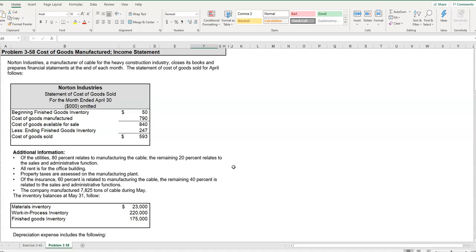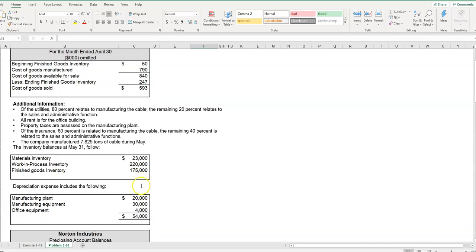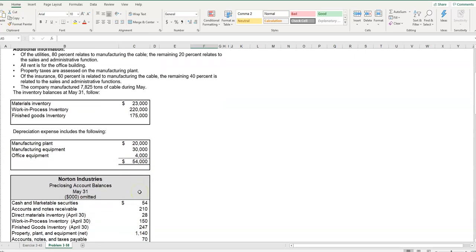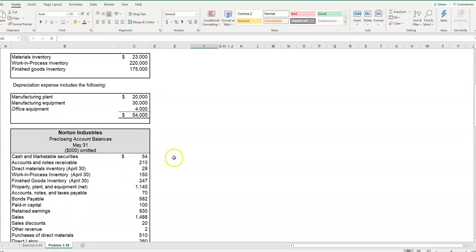And then we have other information about our company. So all of this additional information. We have a statement of cost of goods for April, and we have inventory balances for the end of May and depreciation expenses, in addition to our end of May closing accounts.